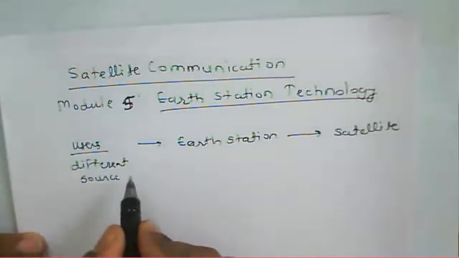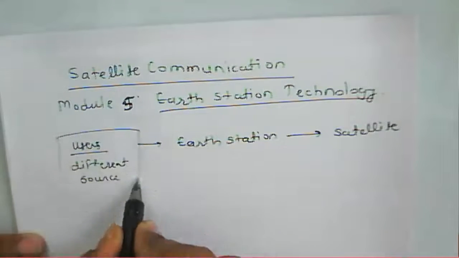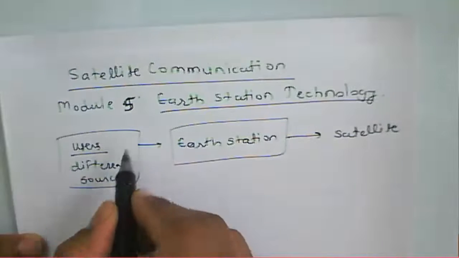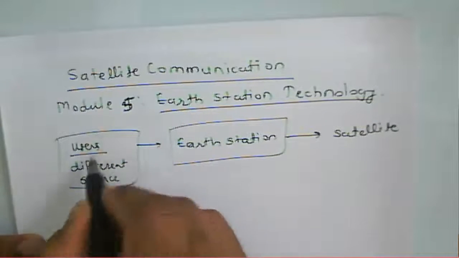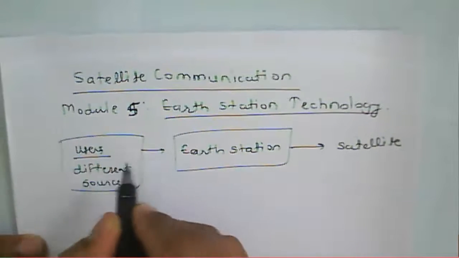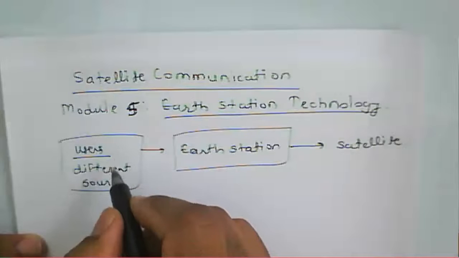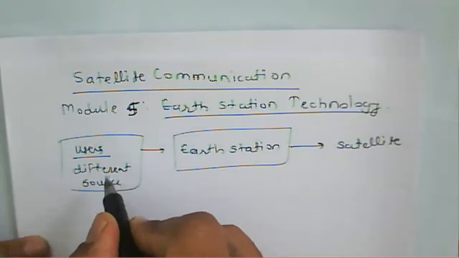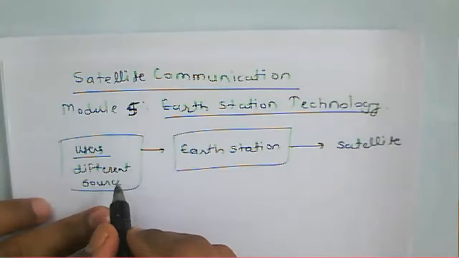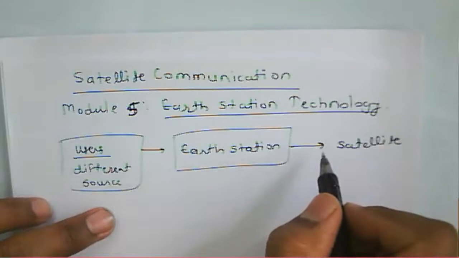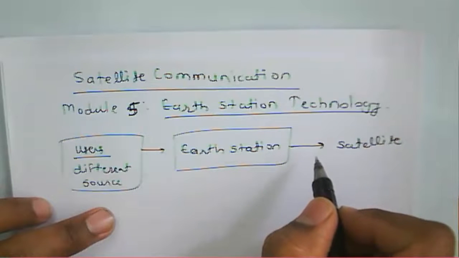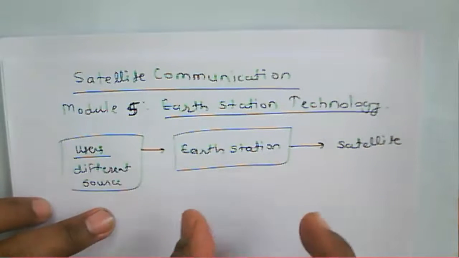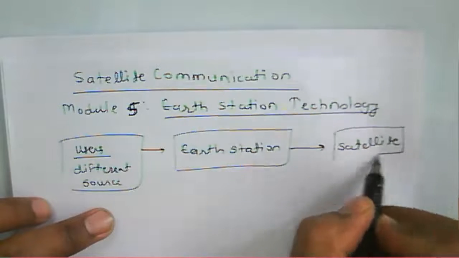Now we can say that there are various inputs through the terrestrial interface module to the Earth station, and then there will be different sources or different signals to be transmitted through the Earth station to the satellite. Then what is the role of the satellite here?